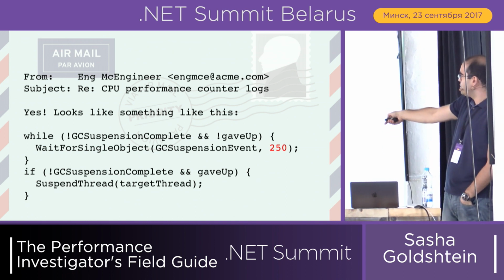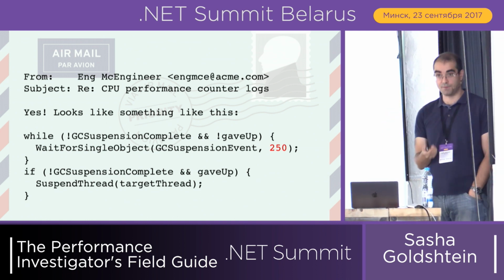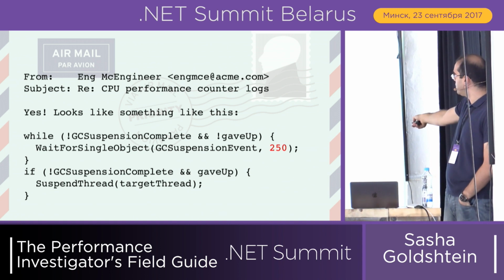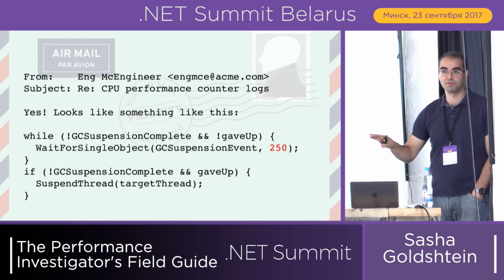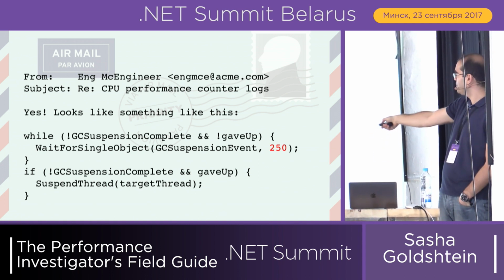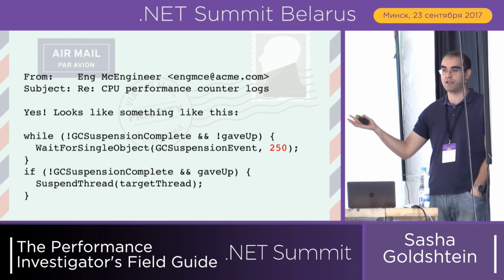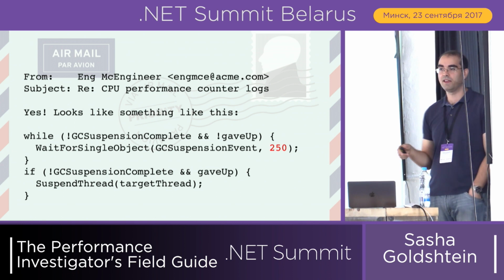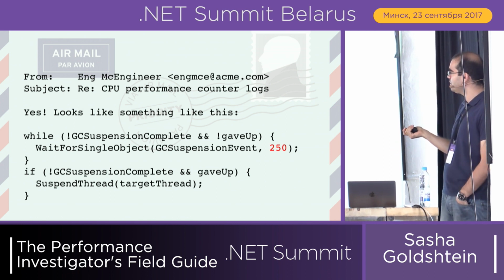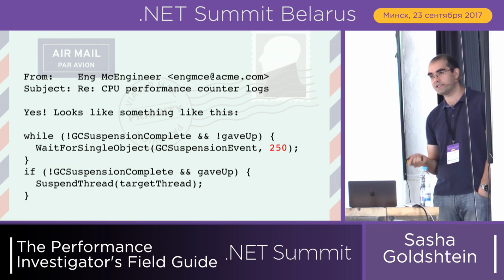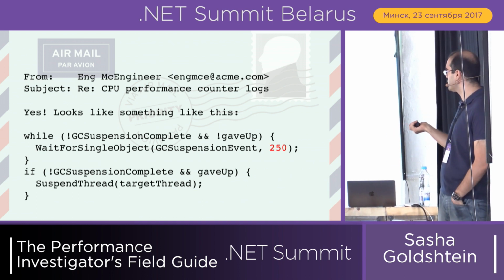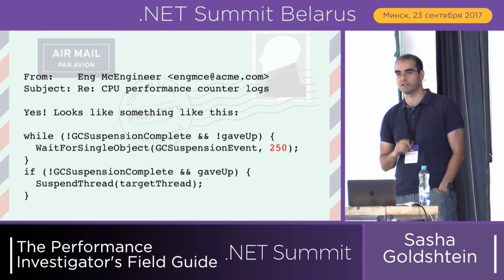As long as the GC suspension was not successful, and as long as we haven't given up yet, we wait for 250 milliseconds to see if the GC suspension is going to succeed. And then when we return, we check again, is the GC suspension complete? If yes, we get out. If no, we just keep trying for 250 milliseconds.